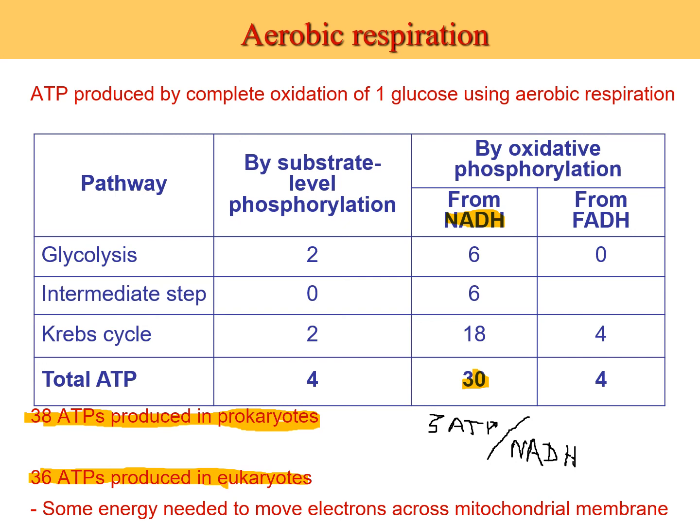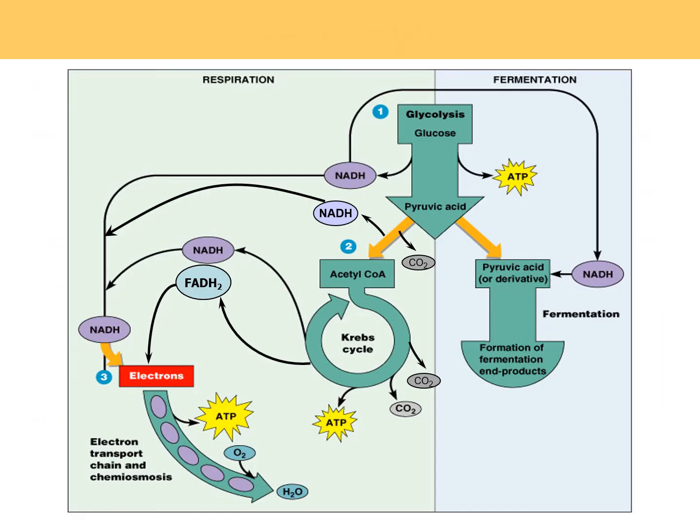To move high energy compounds across the mitochondrial membrane takes some energy, so 36 ATPs are produced per glucose molecule metabolized. Per oxidation of 1 glucose, you get 38 ATPs in prokaryotes and 36 in eukaryotes, because in eukaryotes you have to move stuff across the mitochondrial membrane.